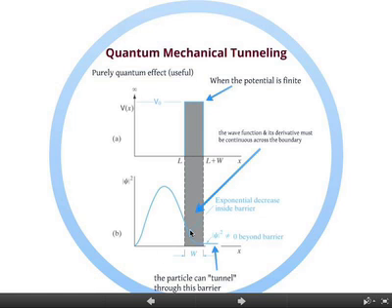Here, it actually penetrates into the barrier because the boundary condition states the wave function must be continuous across the boundary, which means it needs to go through, which also means that if the barrier is thin enough, some of the wave function can actually leak across, which means that you can have a situation where the probability of finding a particle outside the barrier is greater than 0. And this is referred to as tunneling.